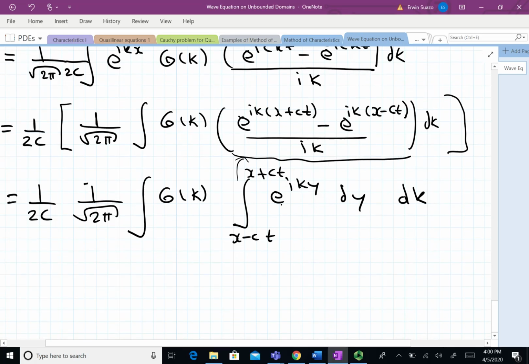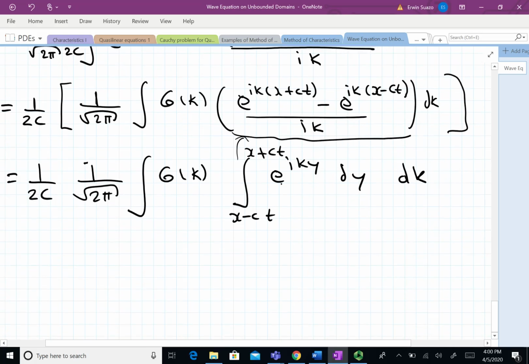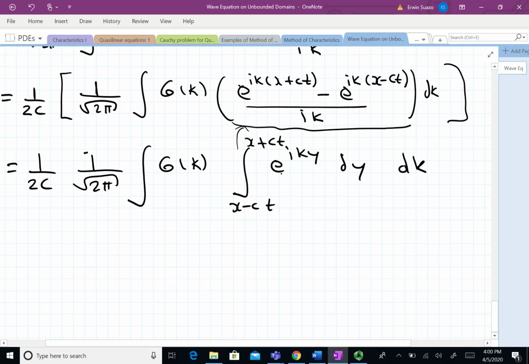We have done it many times, right? But now this is complex, but not a problem, because the fundamental theorem of calculus applies. So now I have G(k) and e to the iky, right? And now let's move this G(k) inside. It can be moved inside because I have dy, so this is a constant.